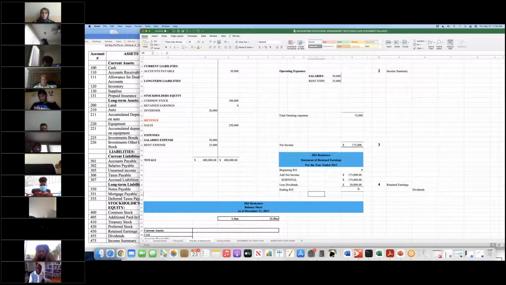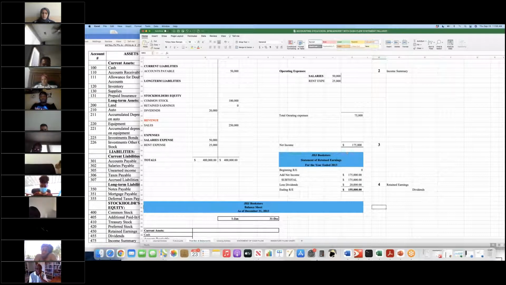And so our ending retained earnings, the earnings that we retain in the business, becomes 155. So this is a standard setup for this formula. We have beginning retained earnings, which is 0 because it's a new company.